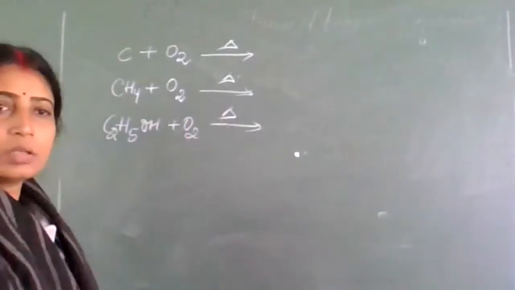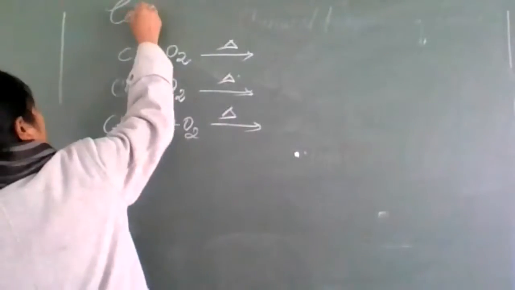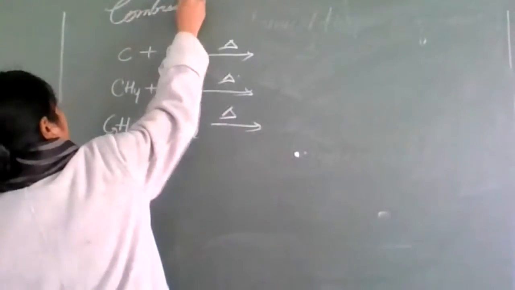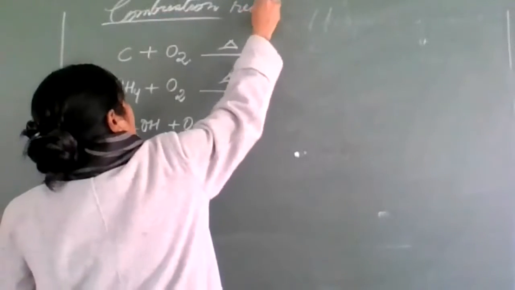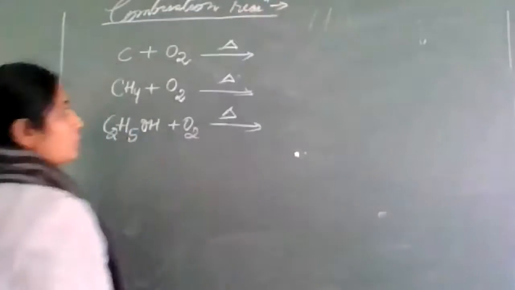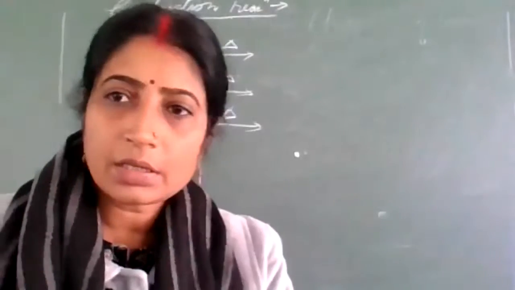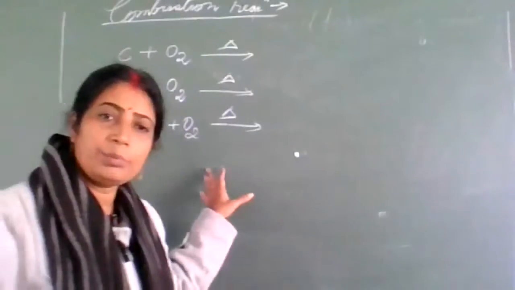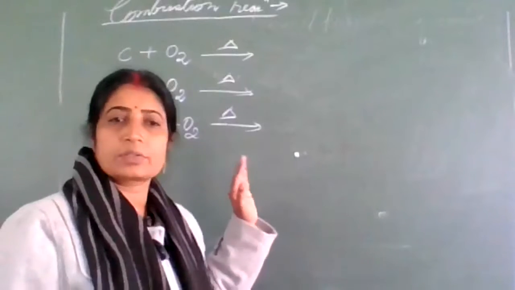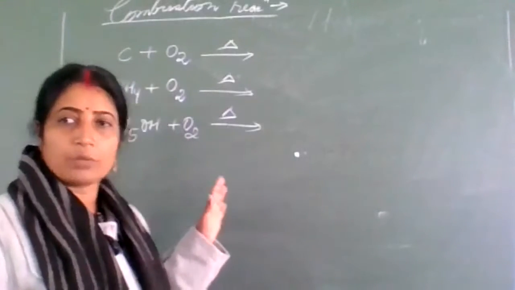All these are examples of combustion reaction. Why am I saying that these are examples of combustion? Because here the products formed are only carbon dioxide and water. No other product will be formed.